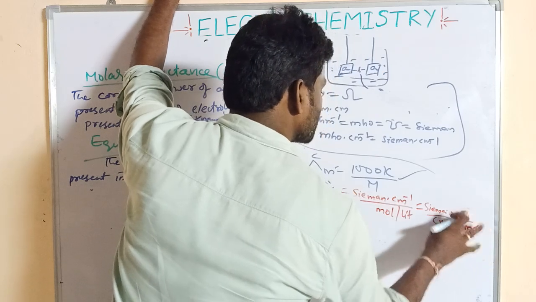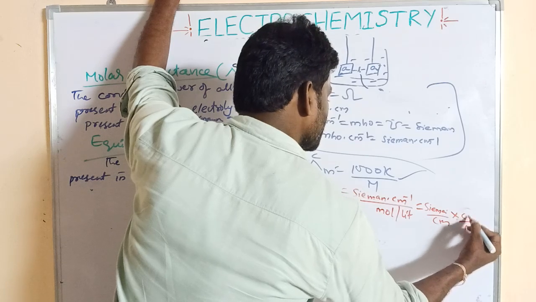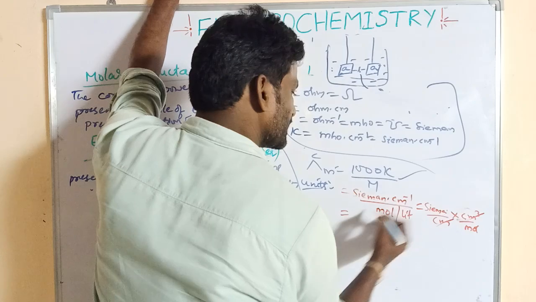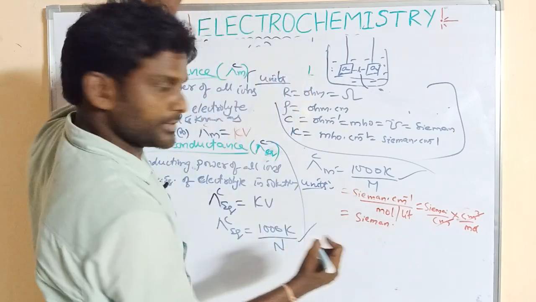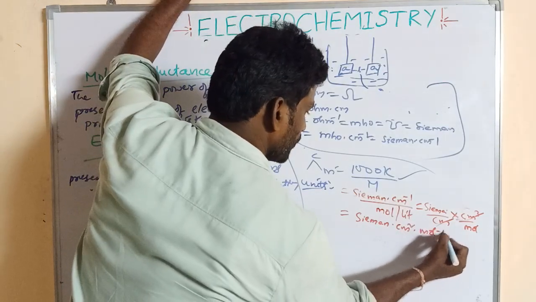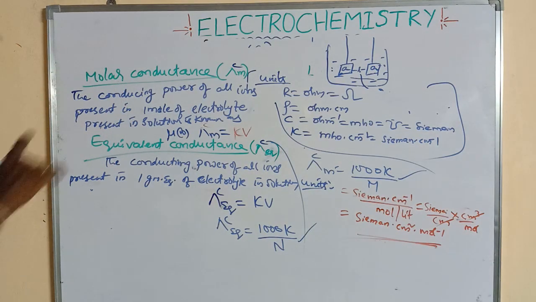We know that 1 liter is equal to 1000 centimeter cube, cc. So centimeter cancels. So the units are Siemens into centimeter square into mole inverse. This is the unit of molar conductance.